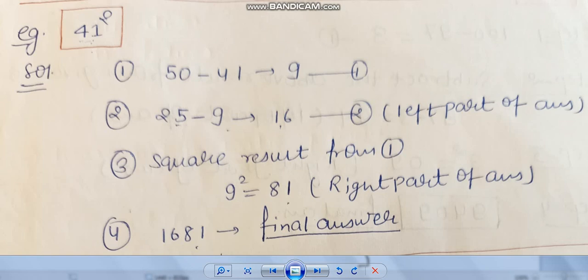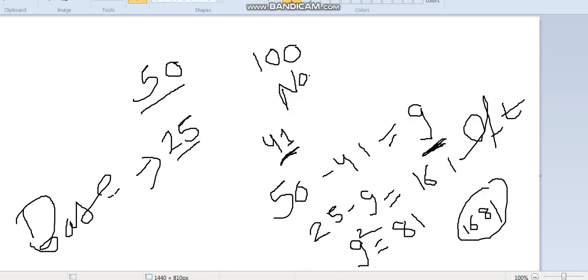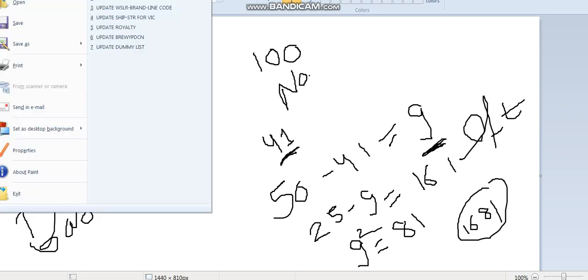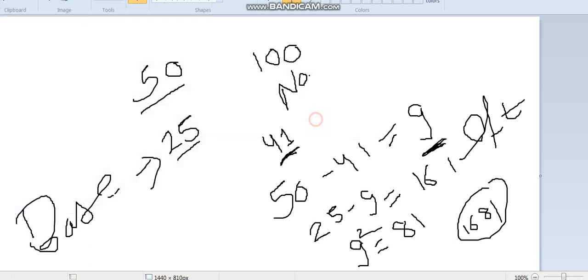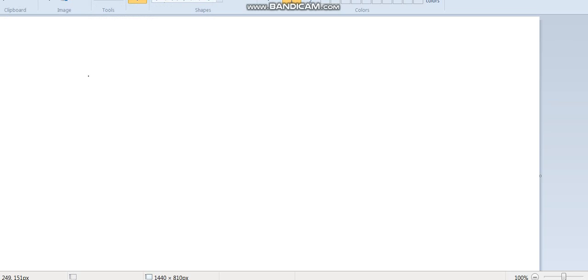Next I will tell you a new concept. Another example: if we take 36 square, this number is nearby 50, so the base will be 25. Orally tell me how much lesser than 50? It is 14.